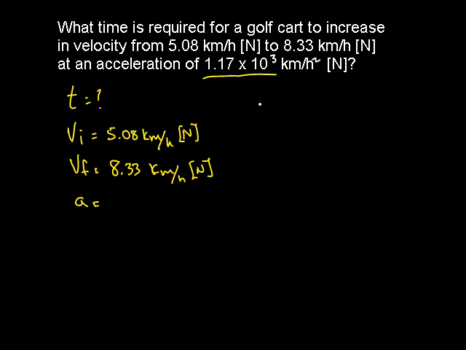Now, if you haven't done scientific notation yet, check out my scientific notation video. But just quickly, this is going to be 1.17, and this times 10 to the 3 is like saying I'm going to multiply this thing by 10 three times. What that does is it moves the decimal point, once, twice, and 3 times.